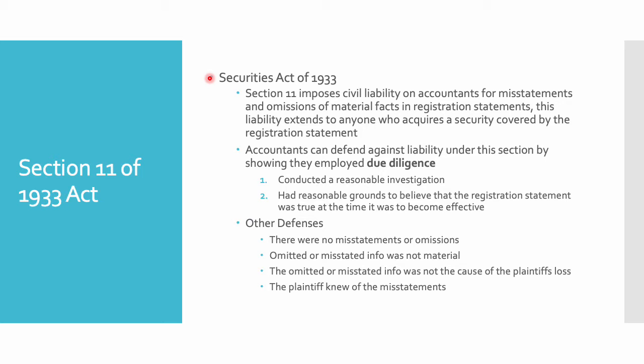So we'll talk about the 1933 Act. Again, to place this in context, in 1933, the United States was climbing out of the Great Depression, which was the result of the stock market crash in 1929.